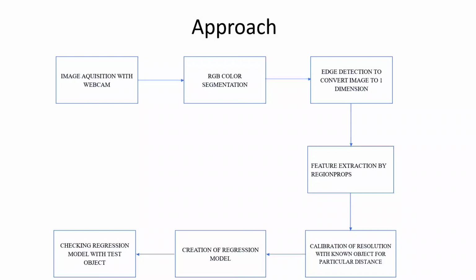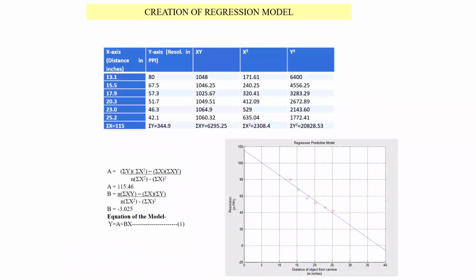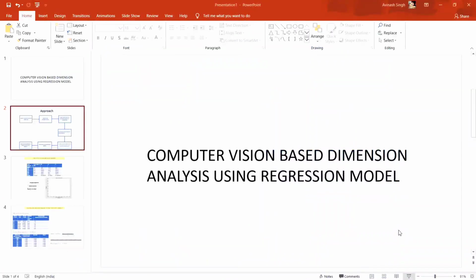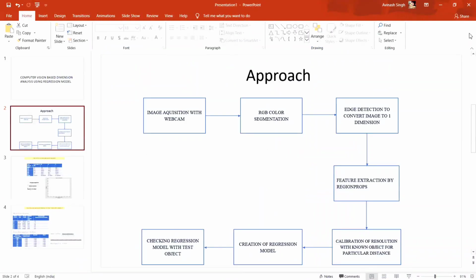Now once we have the model, we can test that model using a test object, and upon testing we can see the efficacy of the model by calculating the mean square error of that particular test. So without further ado, let us go to the MATLAB variant of that.